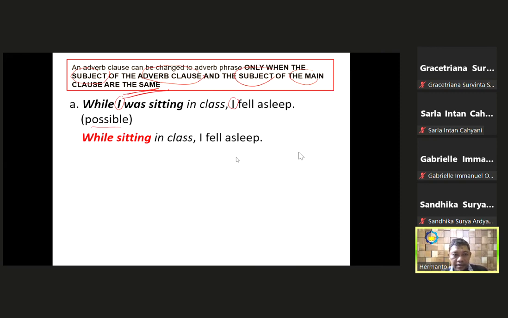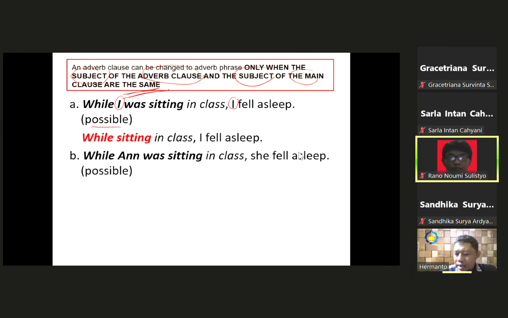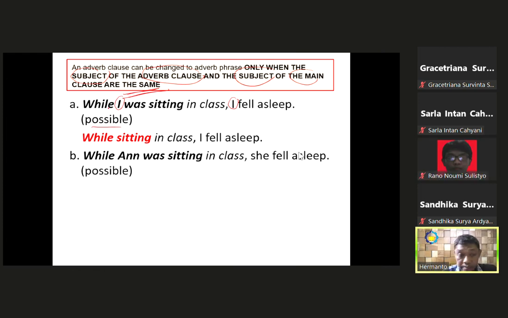What about this one? "While Anne was sitting in class, she fell asleep." What is the subject in the subclause? Anne. What is the subject in the main clause? She. Different words, but they refer to the same person. She is Anne, replaced by the pronoun she.